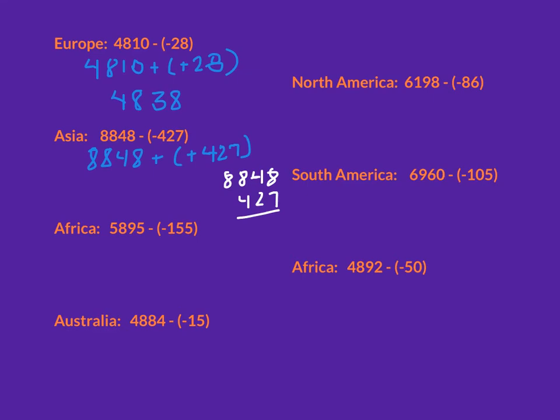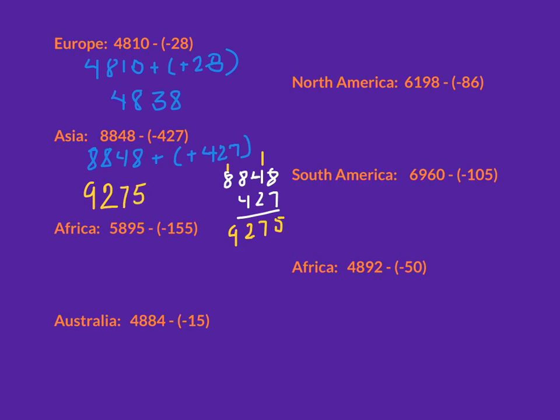Instead of left to right like I read, I start from the far end, the ones place. 8 plus 7 is 15. Carry 1. 1 plus 4 is 5, plus 2 more is 7. 8 plus 4 is 12. Put the 2 down, carry the 1. And 1 plus 8 is 9. So over here, for Asia, it's 9,275.